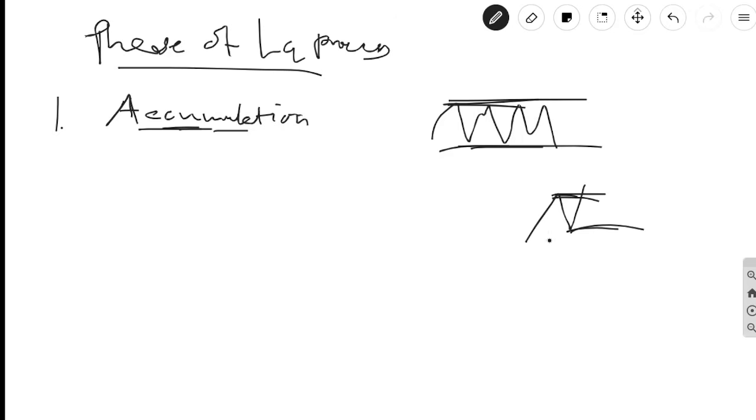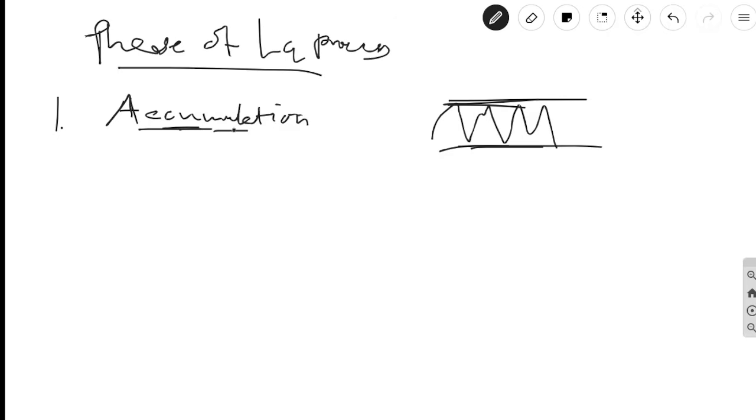Why? I'll get into that later. When we have an invalidation and validation, this is also an accumulation. Of course, we're going to learn this later, don't worry. Right now just understand the phases of the liquidation process.